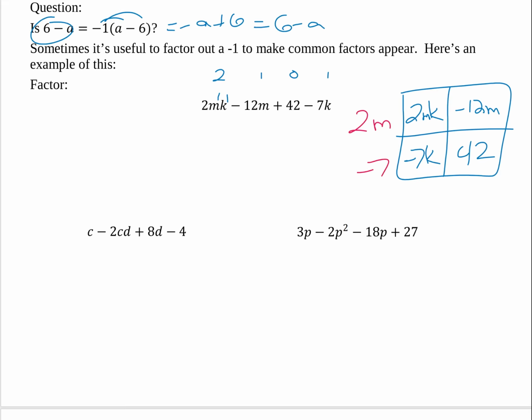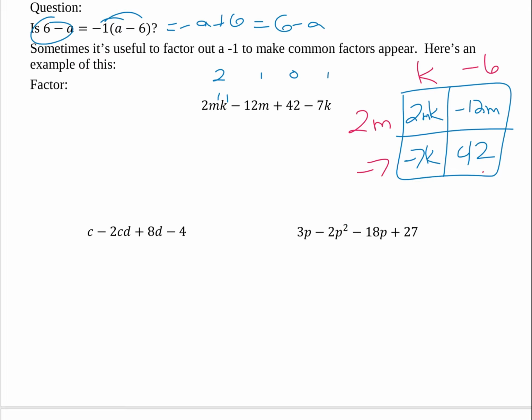Okay, now the first column. K. There's a shared K in both those boxes. The numbers aren't going to work, but the K does. Okay, what about negative 12M and 42? Negative 6. If you're not sure, just double check. Negative 7 times negative 6 is 42, so we did get it right, okay?